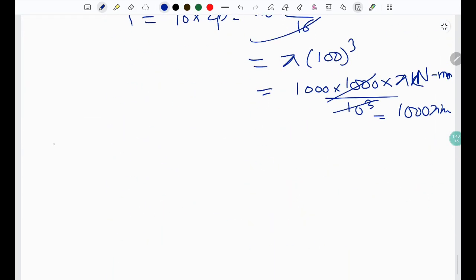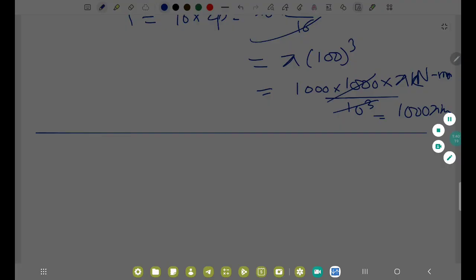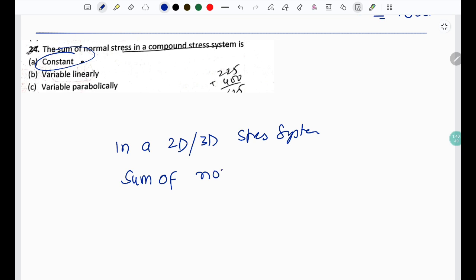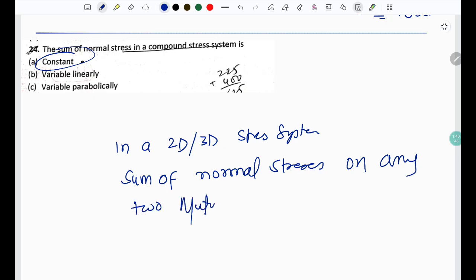Let's see the next questions. Here is another question. It says that the sum of normal stress in a compound stress system is constant. The concept is that in a 2D or a 3D stress system, the sum of the normal stresses on any two mutually perpendicular planes is invariant or constant.